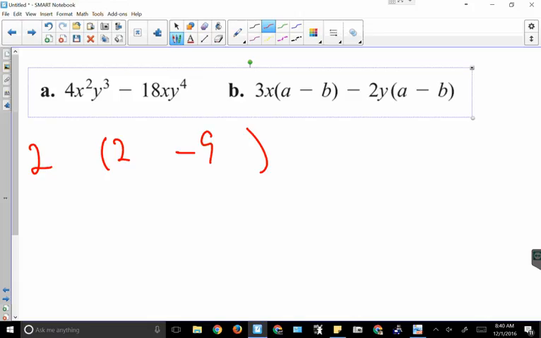Now, when it comes to something that has an exponent on it, if they are in both terms, take the smallest exponent. Do I have an x under both terms? Yep. What's the smallest one there? Just a plain old x, 1x.